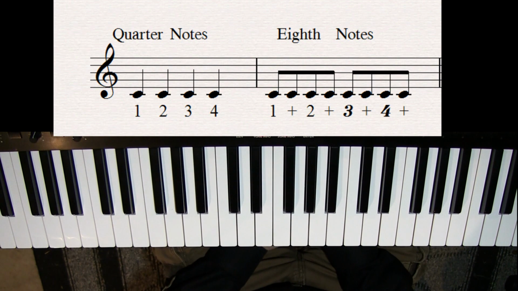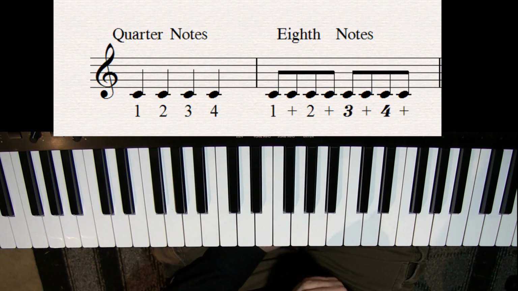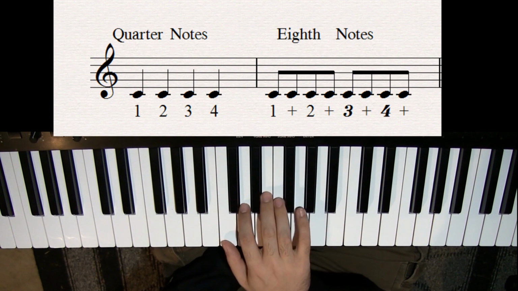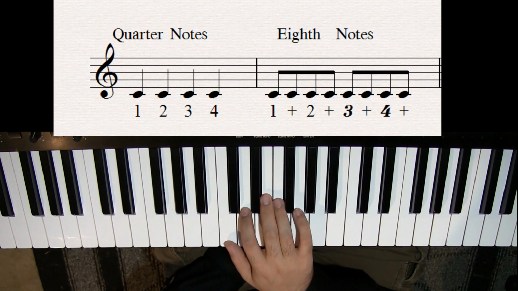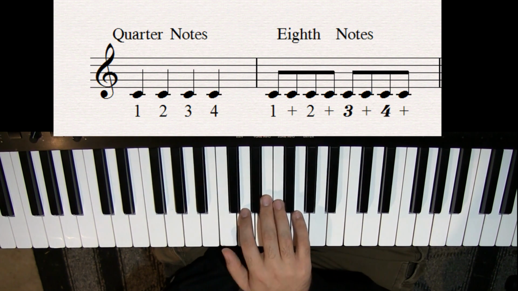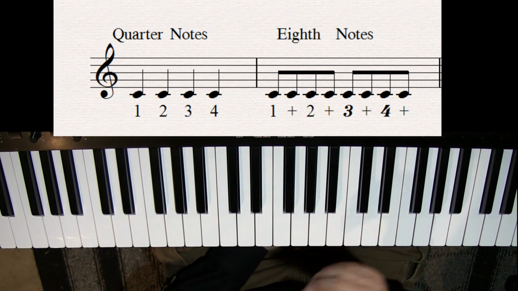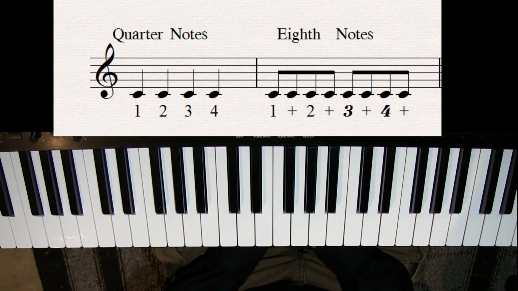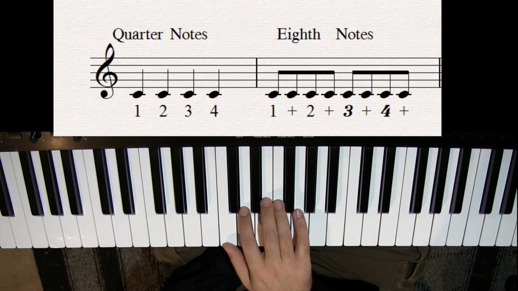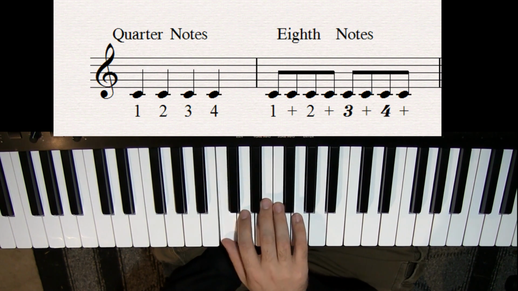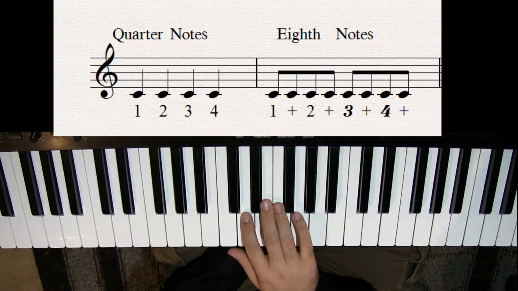So instead of counting 1, 2, 3, 4, you're going to split it up into 1 and 2 and 3 and 4 and. Once again, 1 and 2 and 3 and 4 and. So we're breaking up each of the 4 beats into 2. Again, the quarter notes are simply 1, 2, 3, 4, and the eighth notes are 1 and 2 and 3 and 4 and.